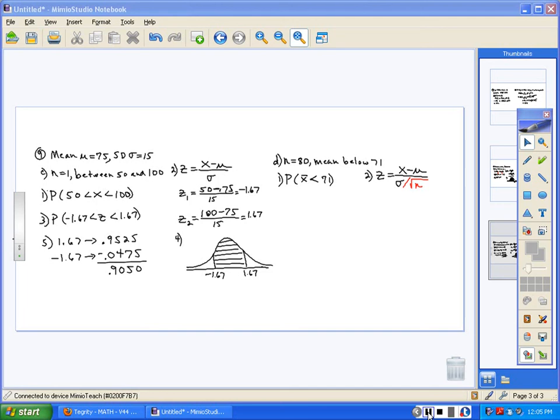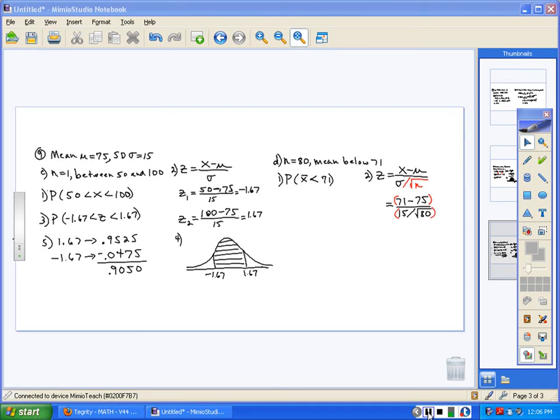So, let's see what we get. We get 71 minus 75 divided by 15 divided by the square root of 80. Now, the best way to do this on your calculator is in one step. And you're going to do that by putting parentheses around the numerator and parentheses around the denominator.